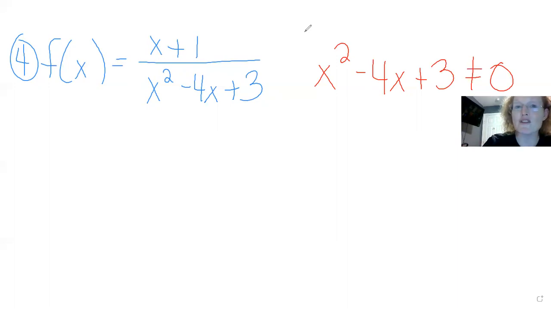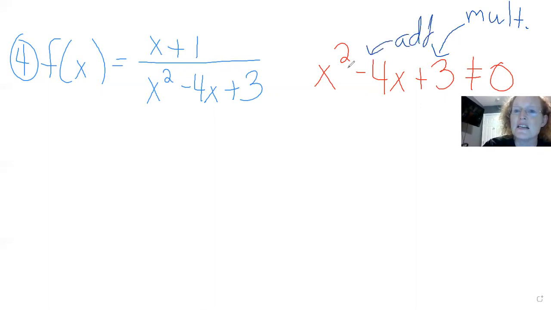So if we're going to factor, let's remind ourselves of a couple of things. Remember this last number right here, we need 2 numbers that multiply to be this number. So in our problem, we need to think of 2 numbers that multiply to be a positive 3 and that add to be a negative 4.